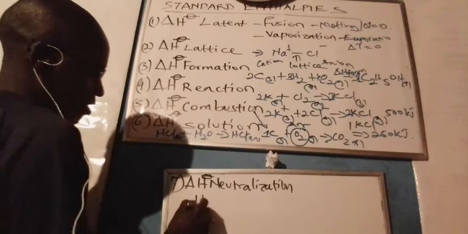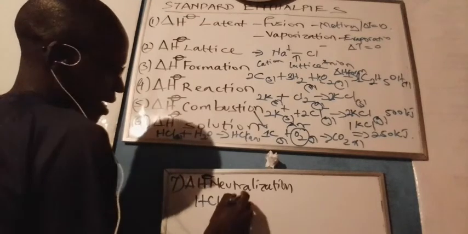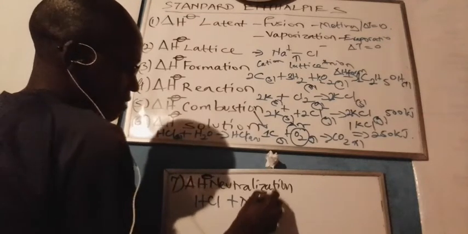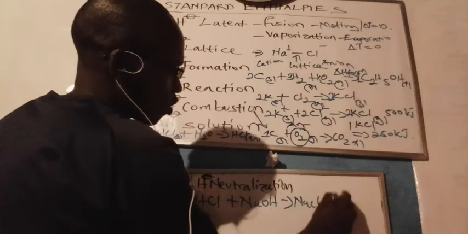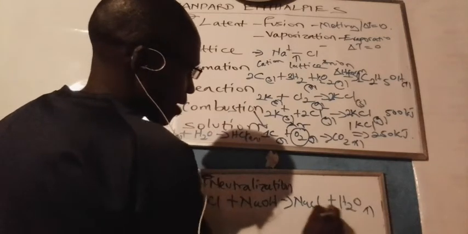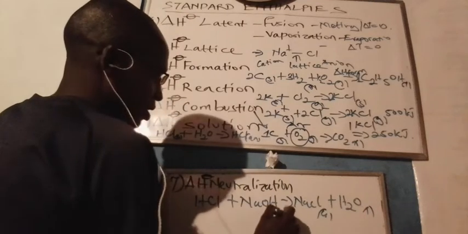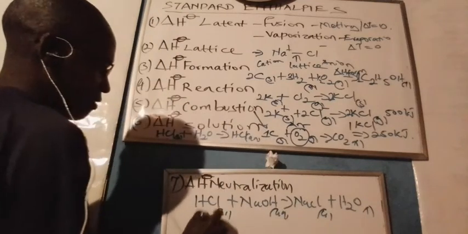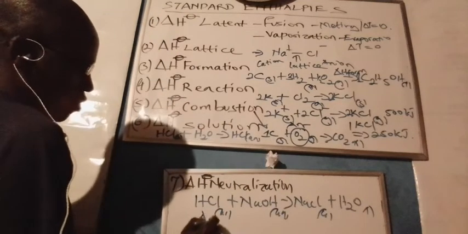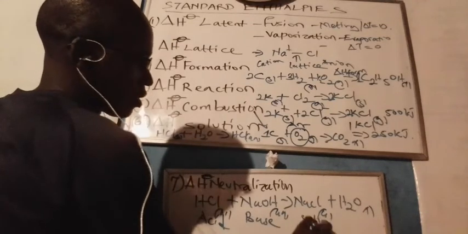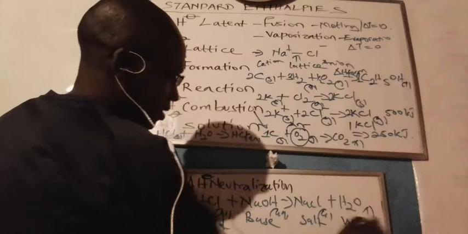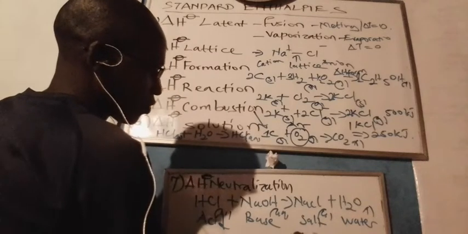Next, we have the standard enthalpy of neutralization. Neutralization is simply a process in which an acid, such as HCl, combines with an alkali, such as sodium hydroxide, and they form a salt, such as sodium chloride, and water. Therefore, we can agree and say that neutralization is a reaction between an acid and a base, forming salt and water. So acid and base forming salt and water represents the process of neutralization.